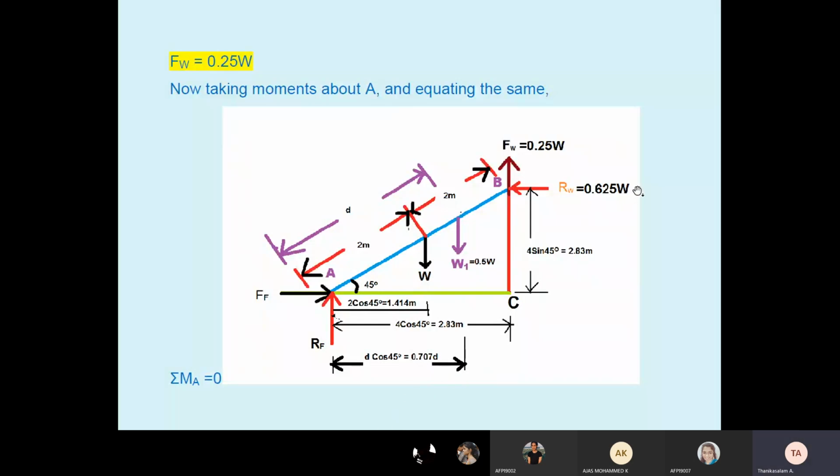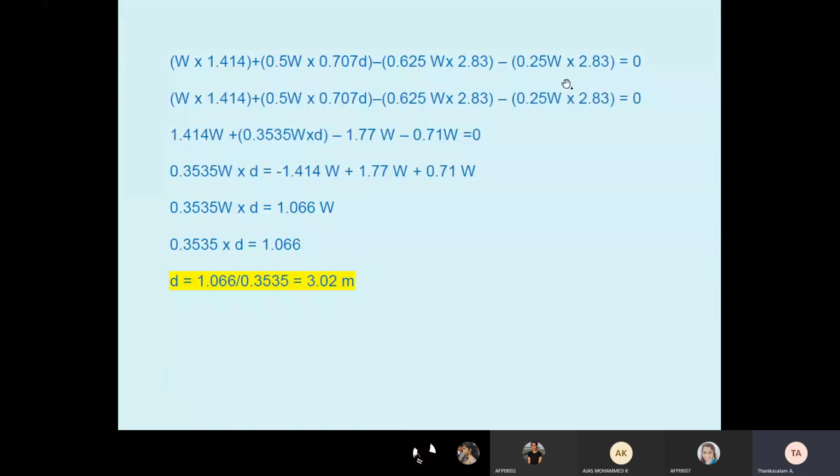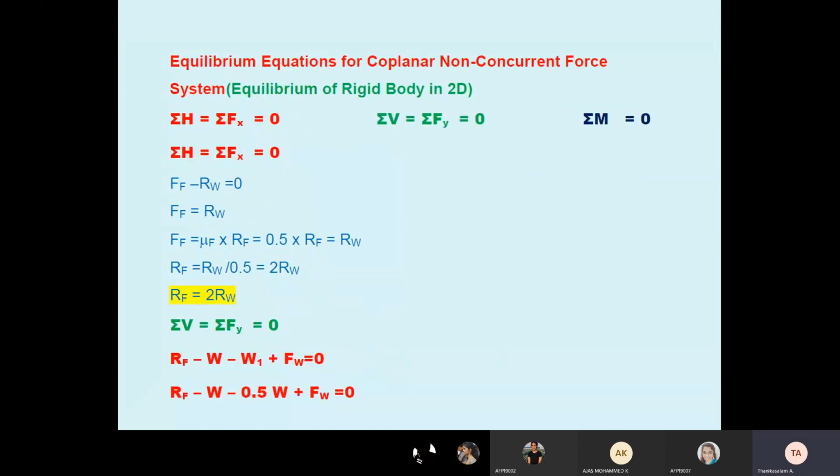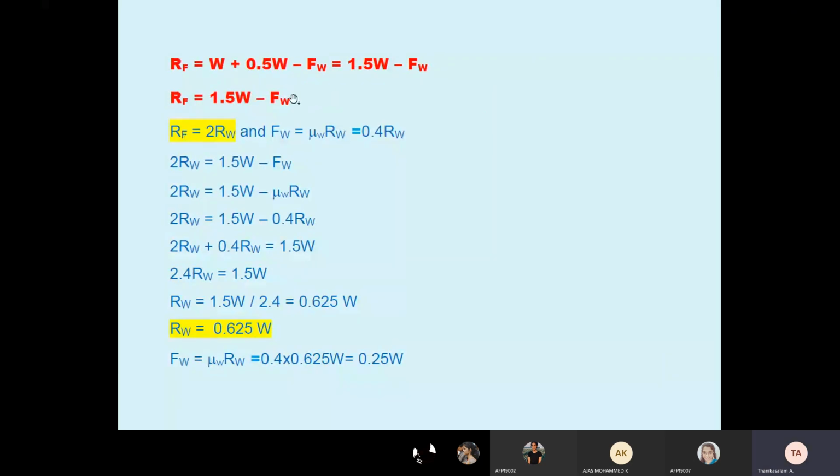Then RW into the vertical distance, 2.83, the perpendicular distance with respect to A. Already we calculated from the previous steps, the summation of horizontal forces, RF equals mu RW, and from the vertical equation we calculate RW also. After simplification, we got RW as 0.625 W.